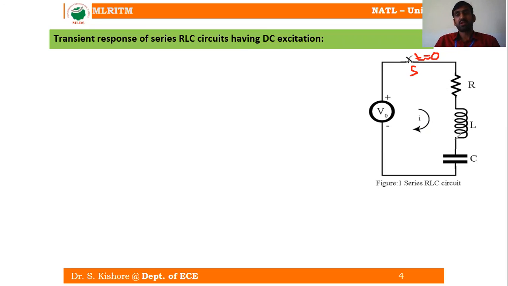So from the circuit point of view, when we have two energy storage elements, we can say this is nothing but a second order circuit.